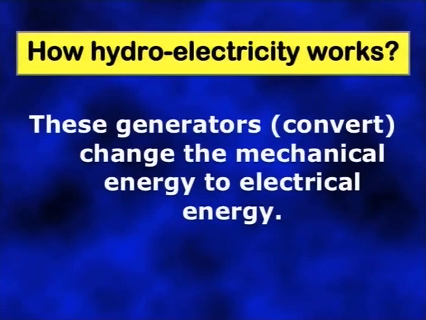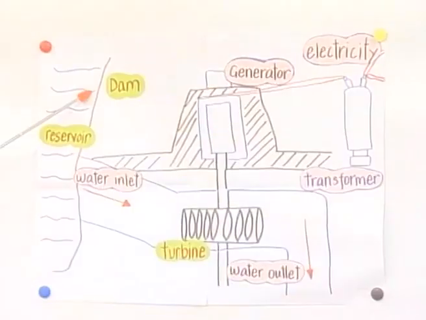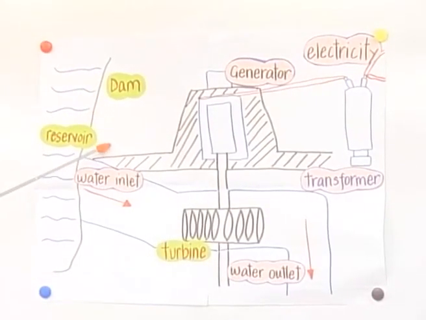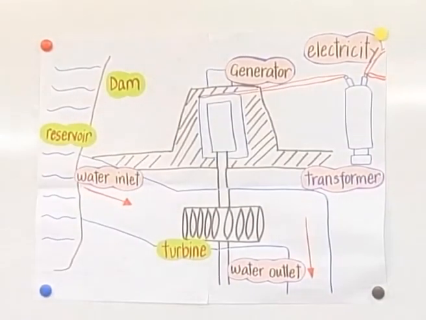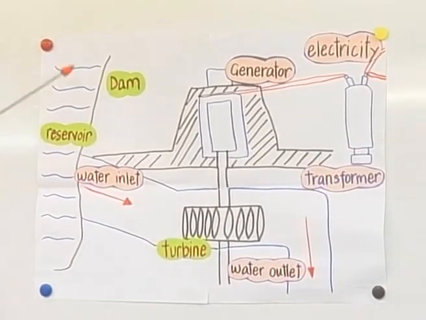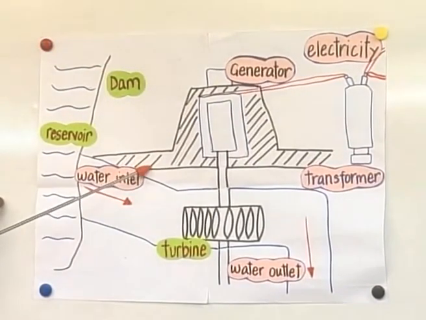All right, this is how hydroelectricity works. Now we have the dam here, which stores water, or let's say the reservoir. Water in a large reservoir above the power station.